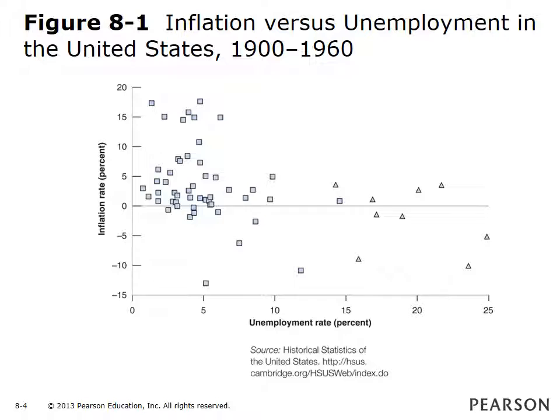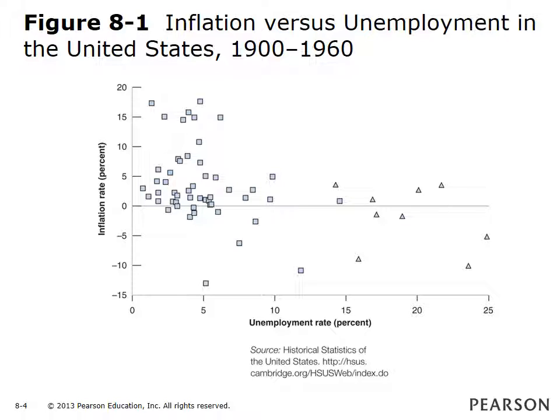Figure 8-1 shows that during the period 1900 to 1960 in the United States, a low unemployment rate was typically associated with a high inflation rate, and a high unemployment rate was typically associated with a low or negative inflation rate.